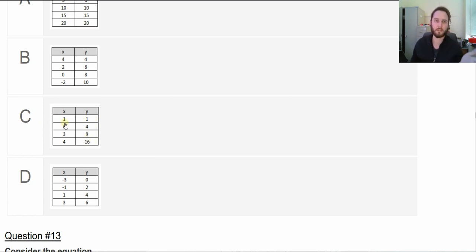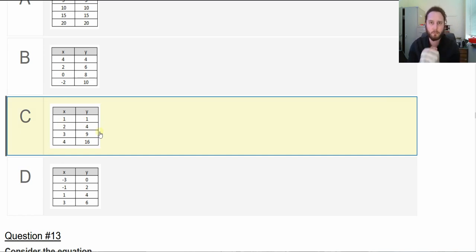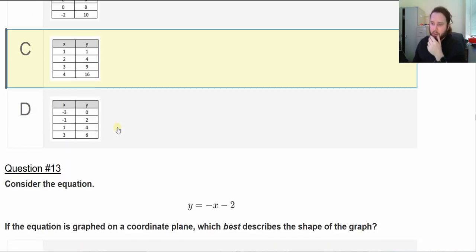So it's C. C is not moving at a constant rate on the right side. They started counting by threes, 1 to 4, but then they added 5 instead to go from 4 to 9. And then they added 7 instead to go from 9 to 16. It's uneven. It's not moving at a constant rate, therefore it is not a good linear equation.